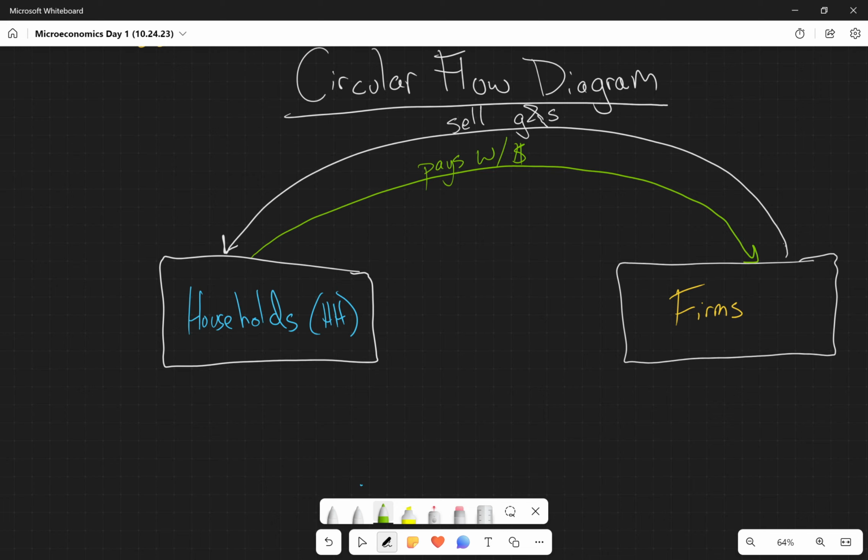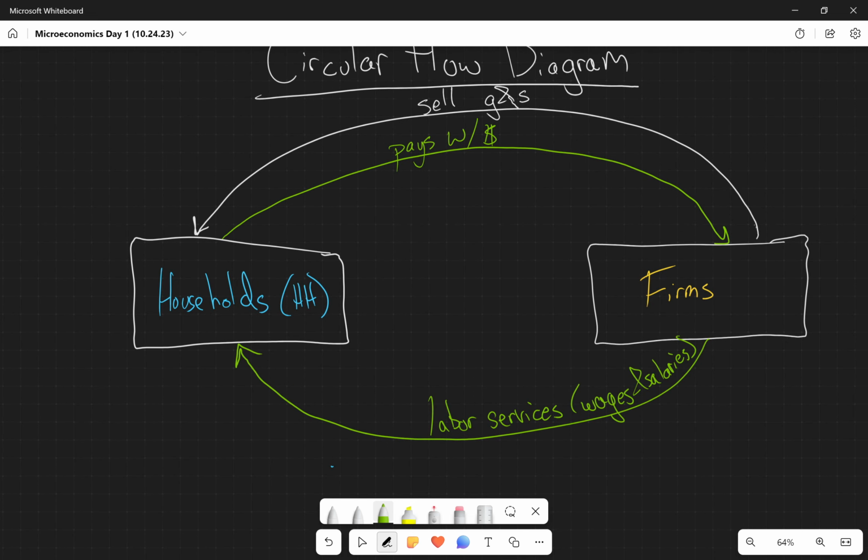How do those households get that money? Those households get that money from the firms in the form of labor services. They get paid wages and salaries. There's also some dividend income there, right, for profit, for people that own capital, but we're just kind of keeping it simple for the most part.